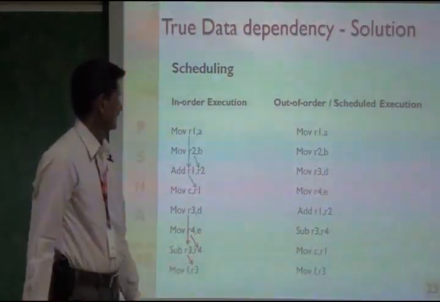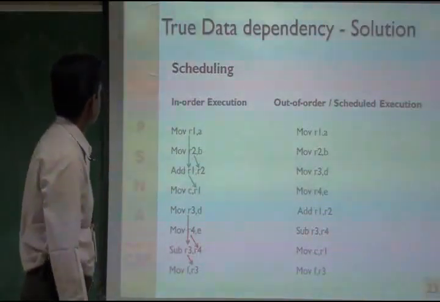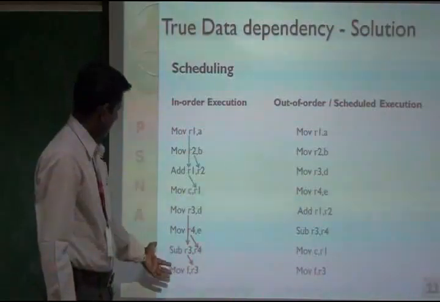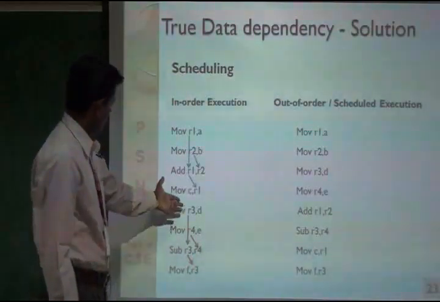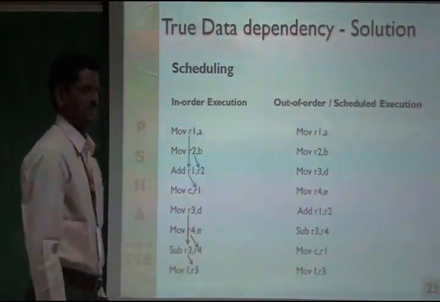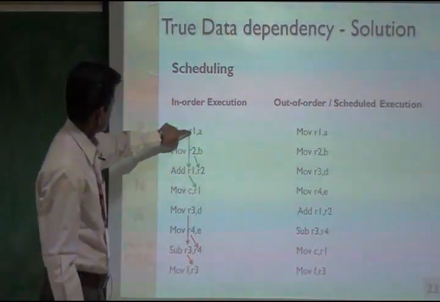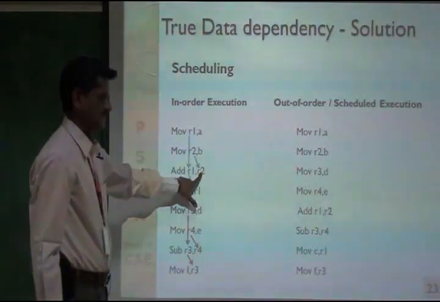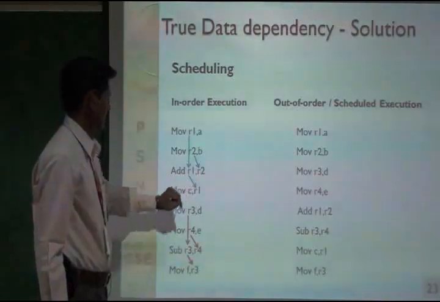Take this example. There are so many instructions. The operation is actually C equal to A plus B and F equal to D minus E. Look at the dependencies. R1 and R2 are used by the third instruction, so there is a dependency.